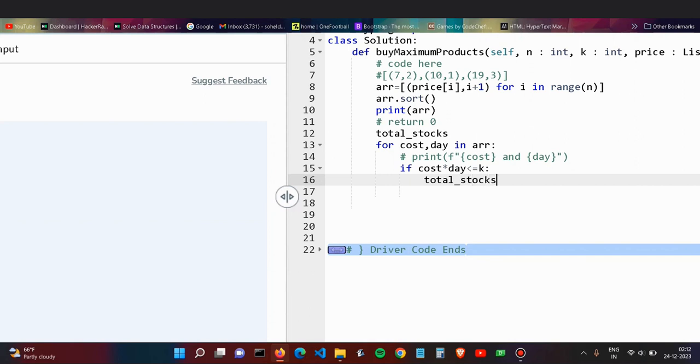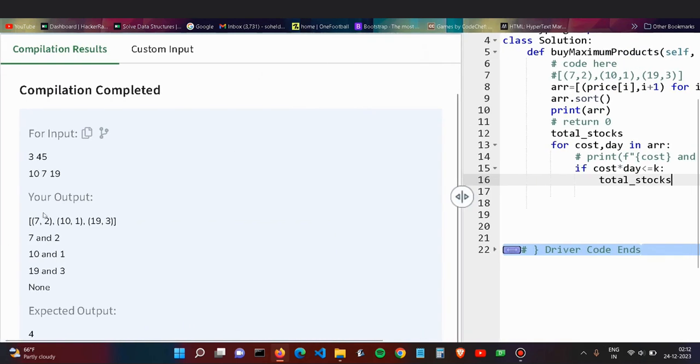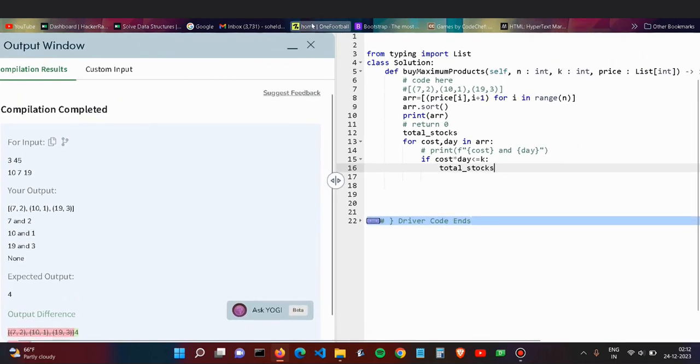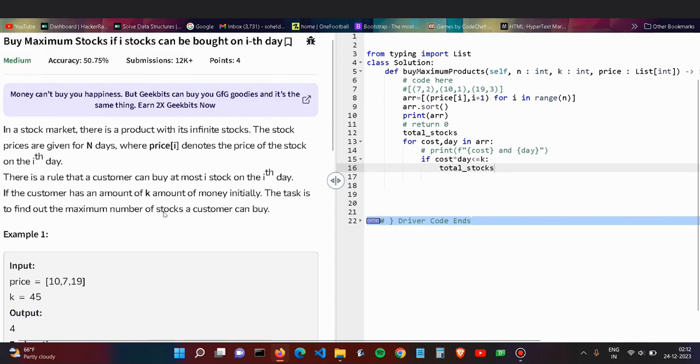So we'll basically do more. How many stocks am I buying? See, I'm buying 2 stocks, okay. It has been said that the maximum number of stocks which I can buy is the nth day basically.